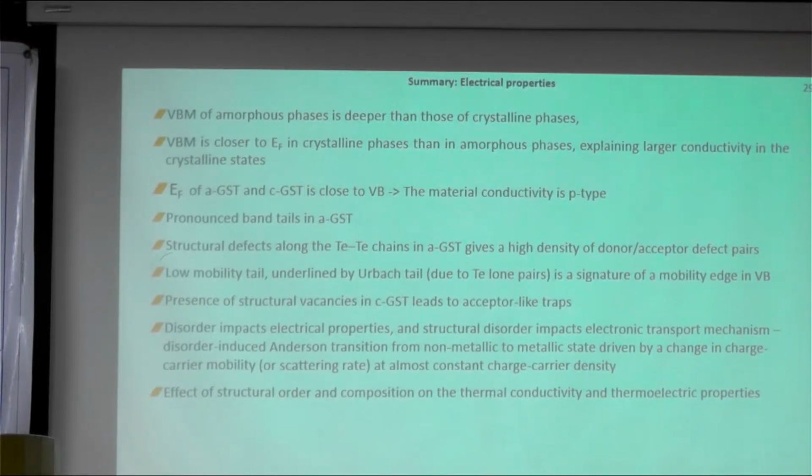The presence of structural vacancies in crystalline cubic GST leads to acceptor-like traps, and disorder impacts the so-called metal-insulator transition, which is an Anderson-type transition. And there is the effect of structure and composition on thermal conductivity and thermoelectric properties. So this is another application of chalcogenide phase change materials.